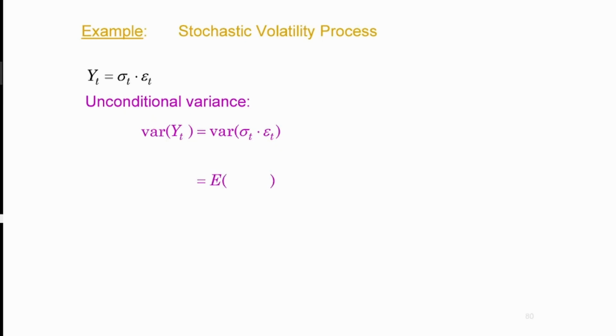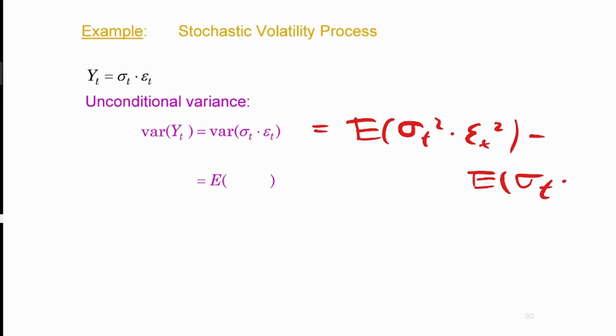The variance is equal to the expectation of the squares, which is sigma_t squared times epsilon_t squared, minus the square of the expectation, that is (sigma_t times epsilon_t) squared, but this is equal to 0 as we saw in the previous part because the unconditional expectation is 0.